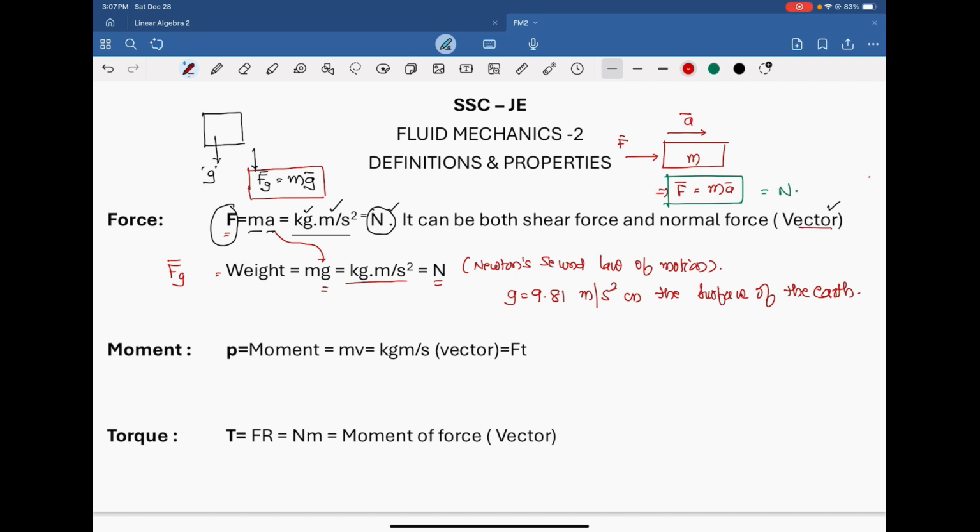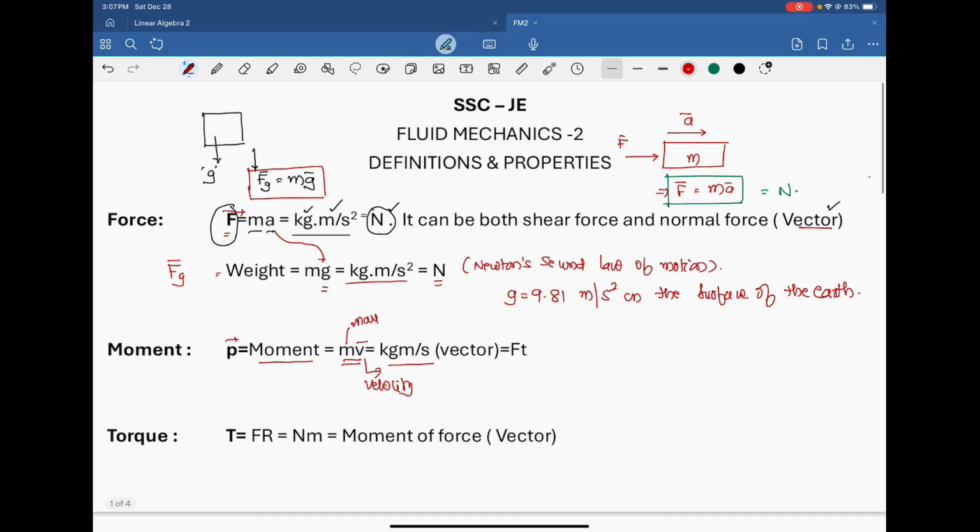And in physics, there is another vector quantity which is defined as momentum. That momentum P is a vector, like F is a vector. It is mass into velocity. M is mass, and velocity is a vector quantity.